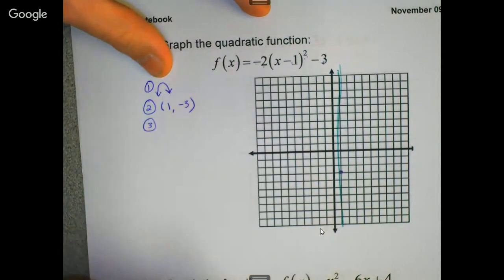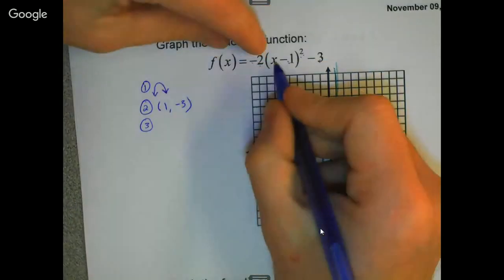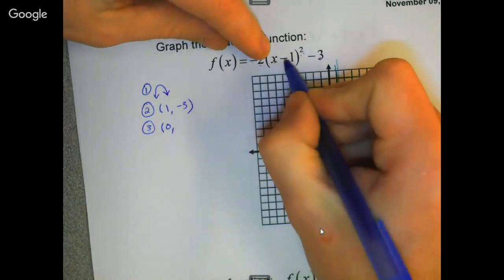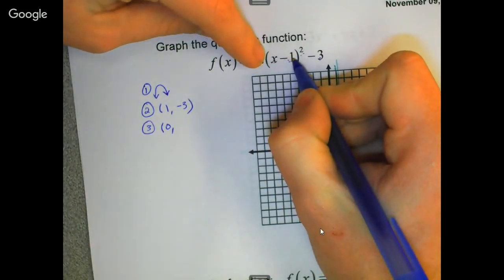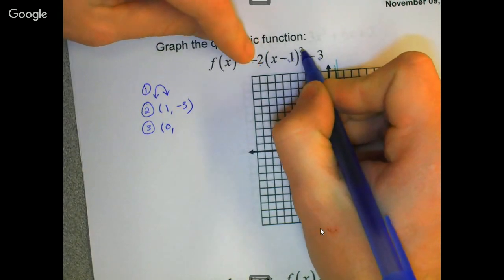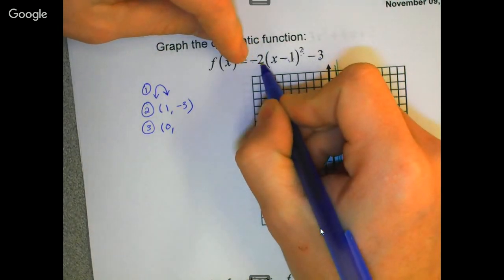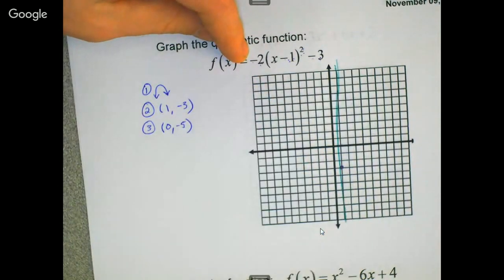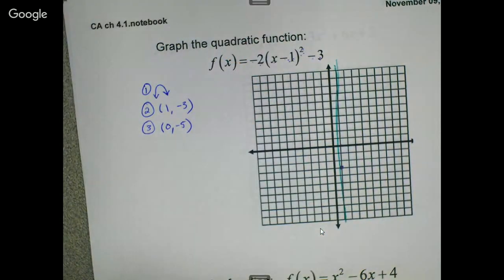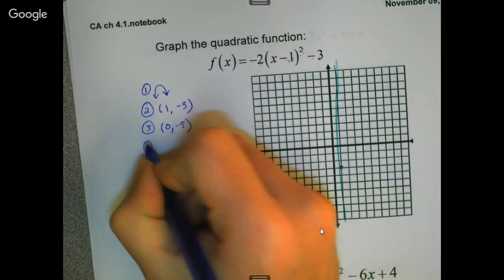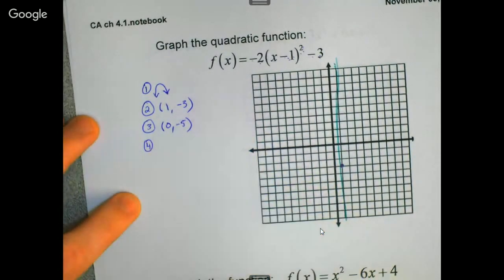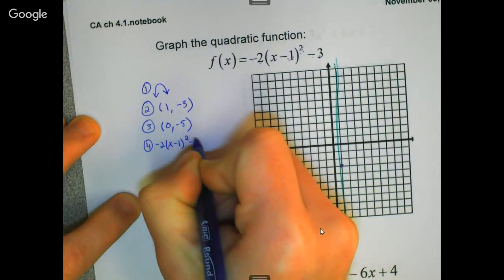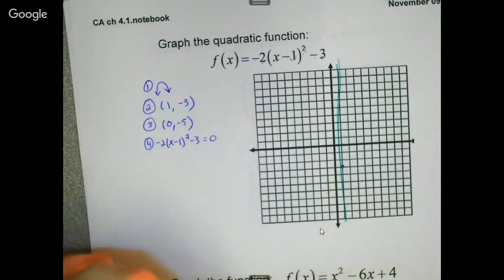Step 3 was your y-intercept. So we'll plug in 0 for x. So 0 minus 1 is -1, squared is 1, times -2 is -2, minus 3 is -5. Okay, step 4, we will set it equal to 0 and solve it for x.